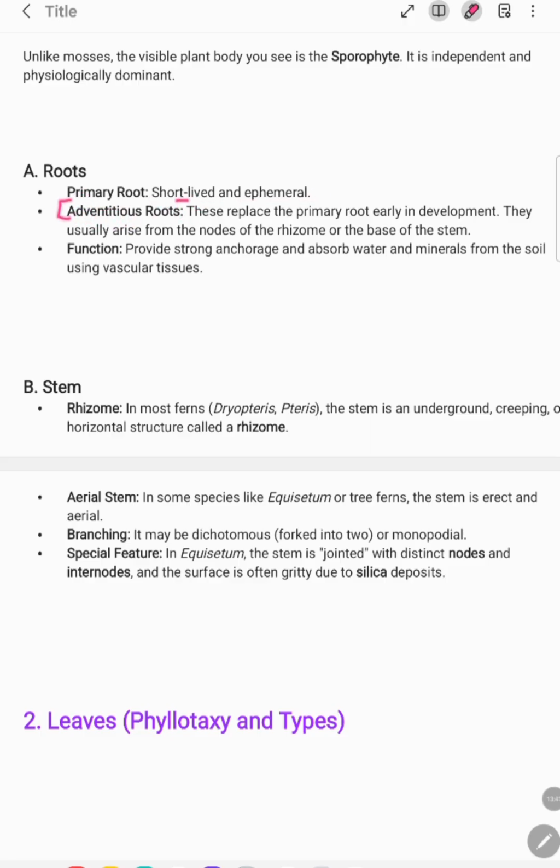Now adventitious roots. What are adventitious roots? These are the type of roots that are derived from a part of the plant.